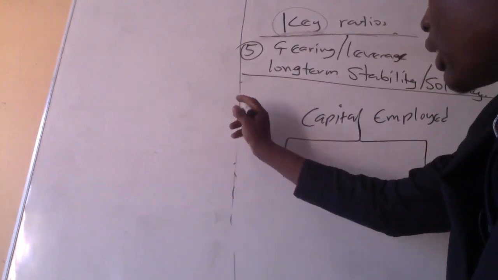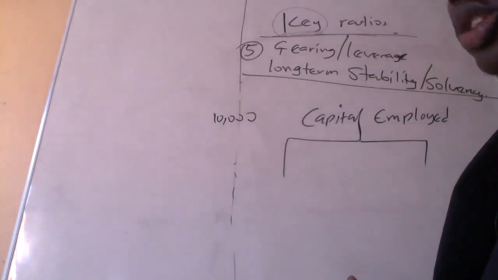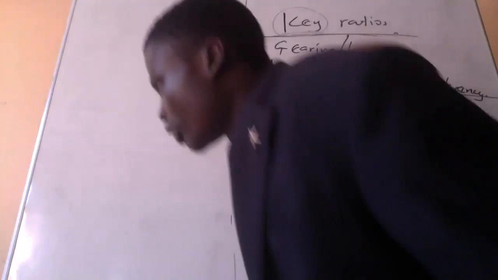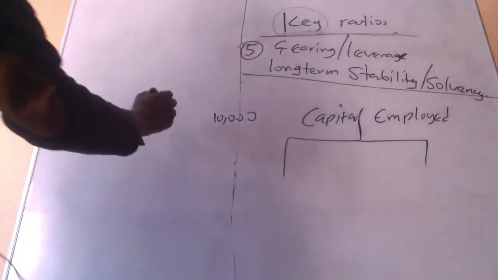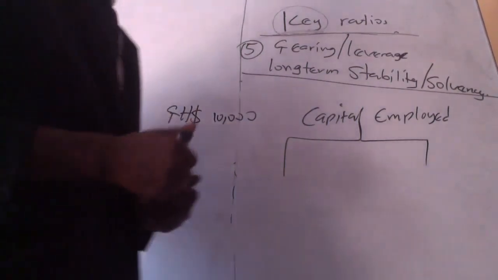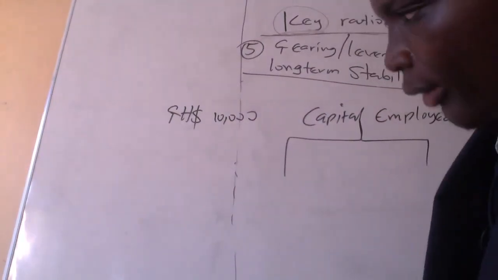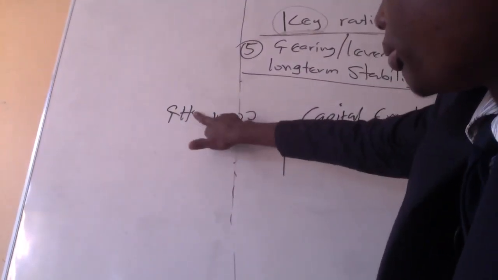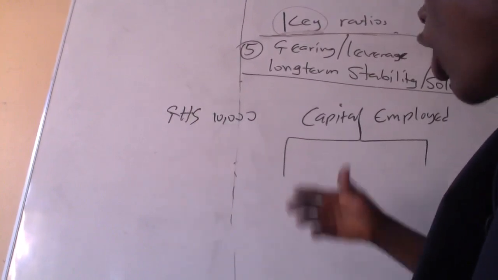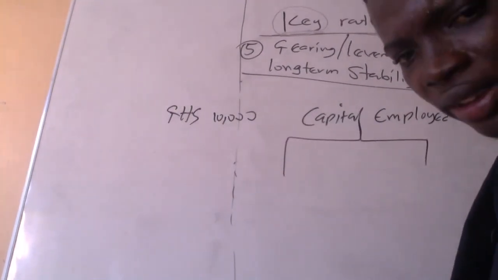Probably I need 10,000 Ghana cedis to acquire new machines. That's the Ghana dollar for you. So how am I going to finance this?